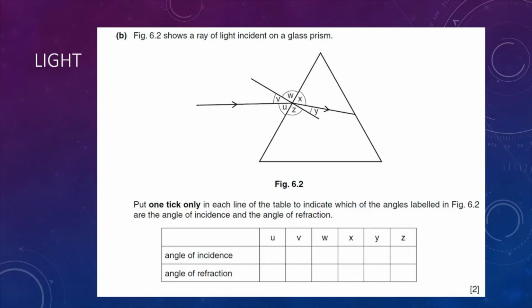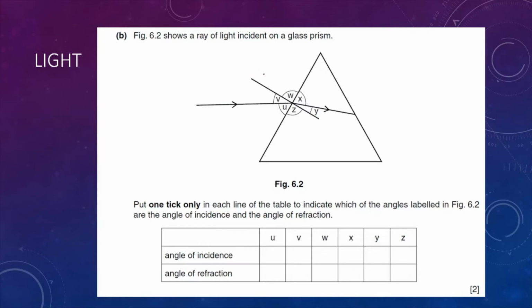Guys, this line is the incident ray and that line is the refracted ray. The angle of incidence is the angle between the incident ray and the normal line.